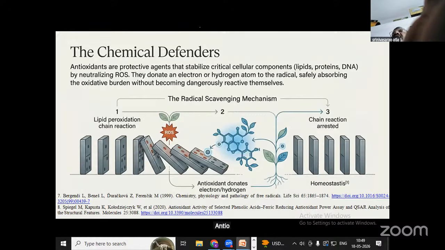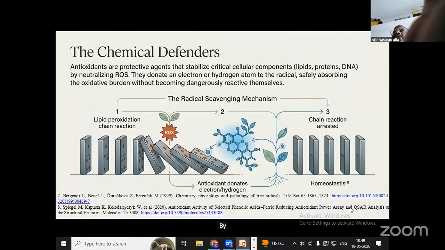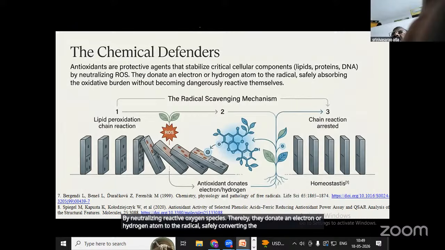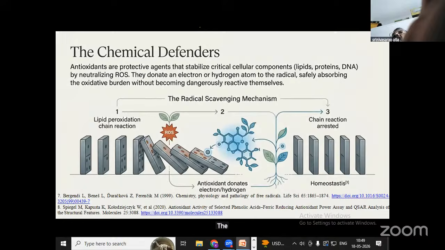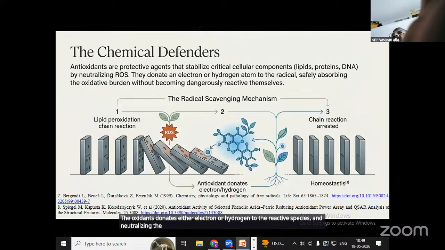Antioxidants protect and stabilize critical cellular components like lipids, proteins, and DNA by neutralizing reactive oxygen species. They donate an electron or hydrogen atom to the radical, safely absorbing the oxidative burden without becoming dangerously reactive themselves. Thereby, neutralizing the chain reaction, especially lipid peroxidation chain reactions, and maintaining homeostasis.